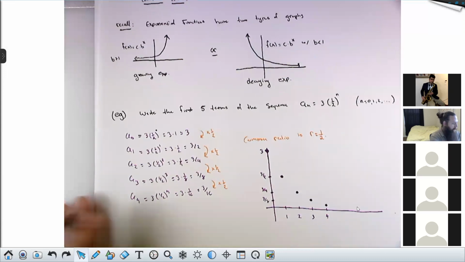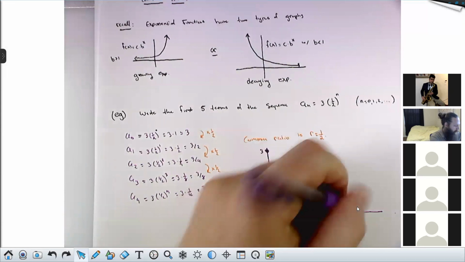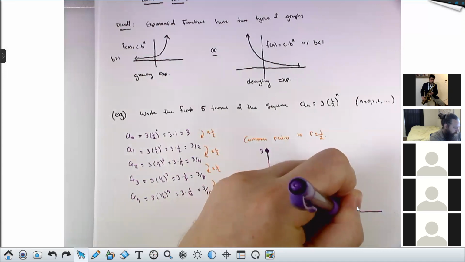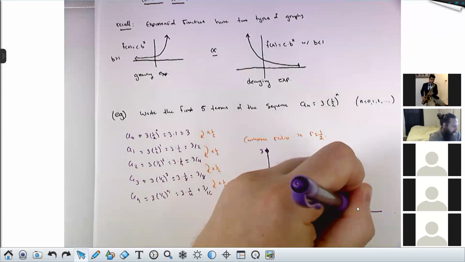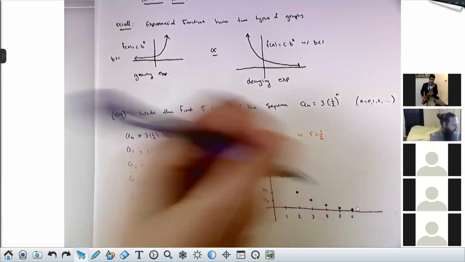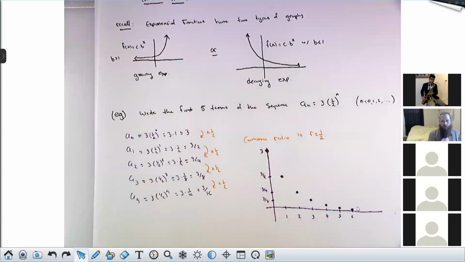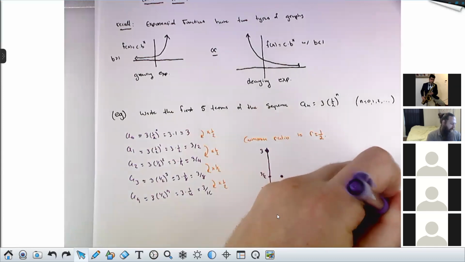The next term, A5, would be 3/32, which I can definitely not really fit on my y-axis. A6 would be 3/64. You can see what these dots are doing, right? They're starting to pile up on the horizontal axis, on the n-axis.